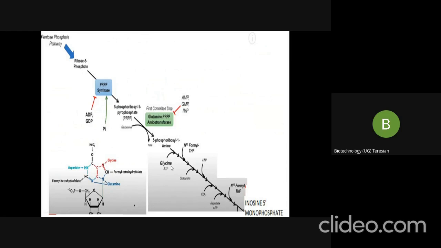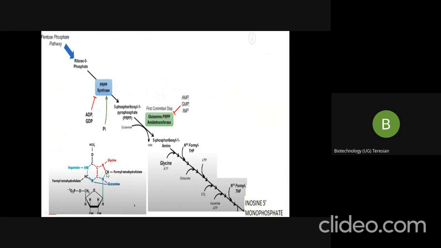It requires glycine, ATP, N10 formyl THF. It requires glutamine, ATP, carbon dioxide. It requires aspartate, ATP and N10 formyl tetrahydrofolate. So these are all involved, finally forming inosine 5' monophosphate.